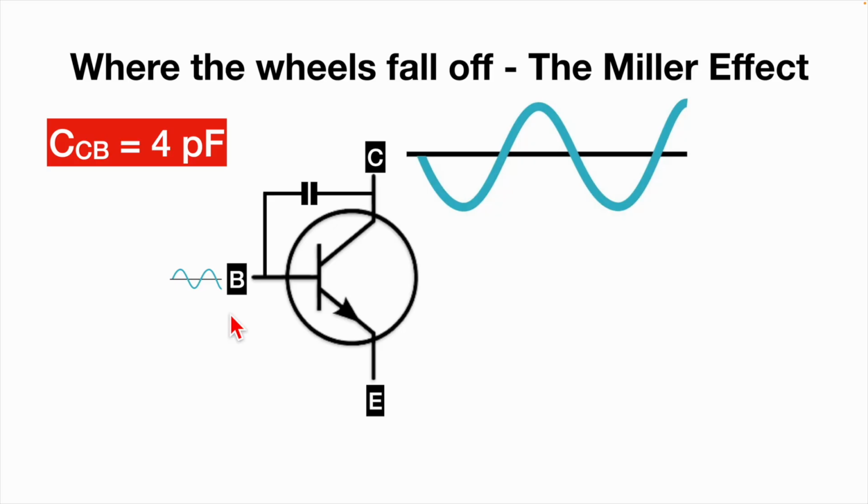What's the problem? Well, the problem is, from the point of view of the base, this signal here creates a voltage drop over this internal capacitance, this 4 picofarads. But because of the amplifying effect of the transistor, which makes this signal much larger than this, these little voltage wiggles here are not very big, but they're a heck of a lot bigger over here.